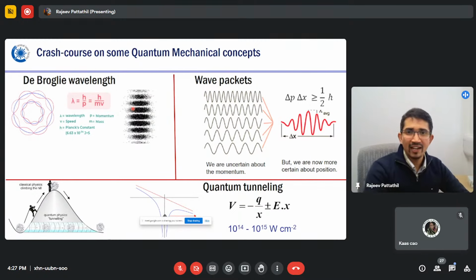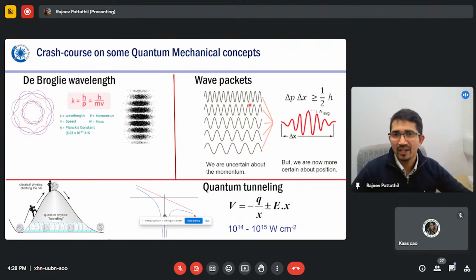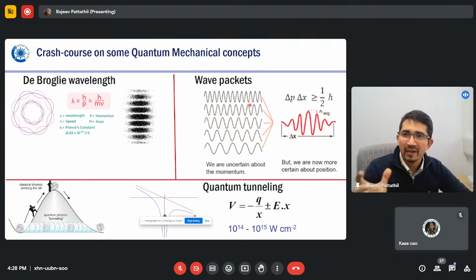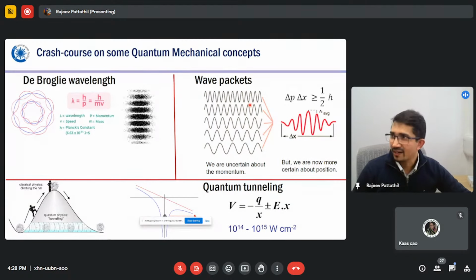In a frequency domain, you can see that you need multiple waves to actually define the wave function of a bound electron, which we typically call a wave packet. This concept of the wave packet is central to understanding attosecond science.